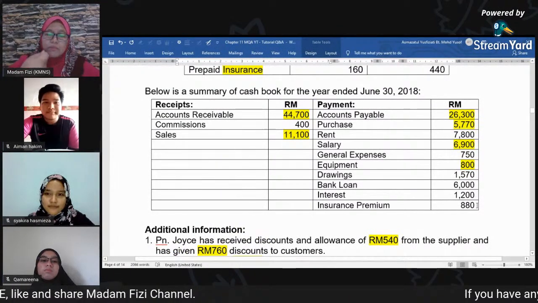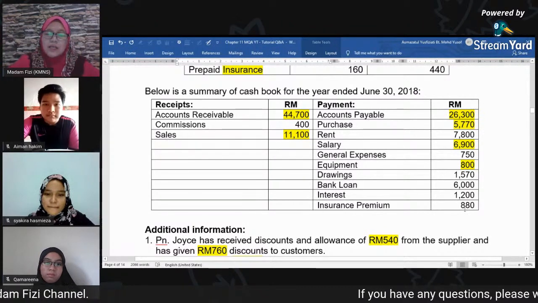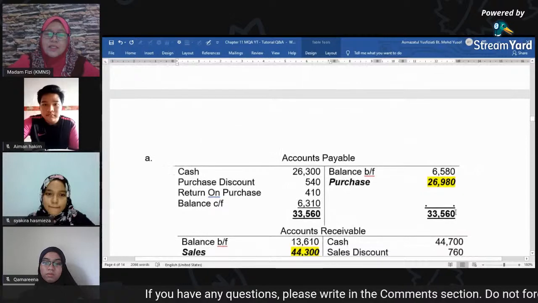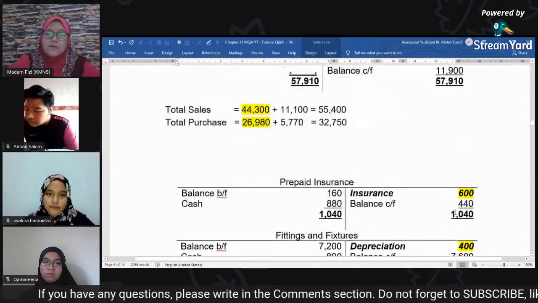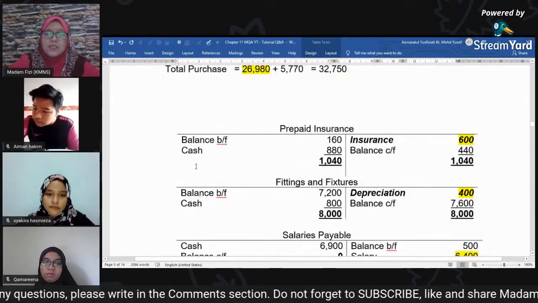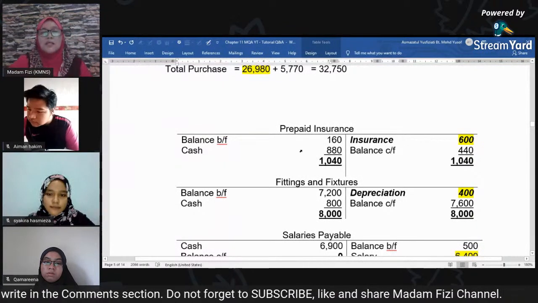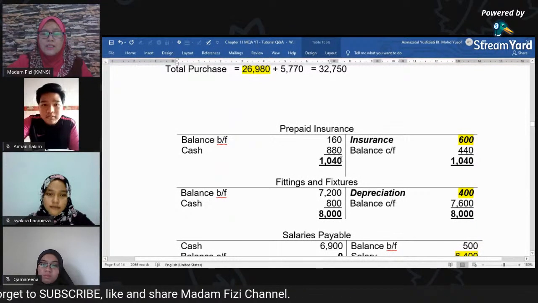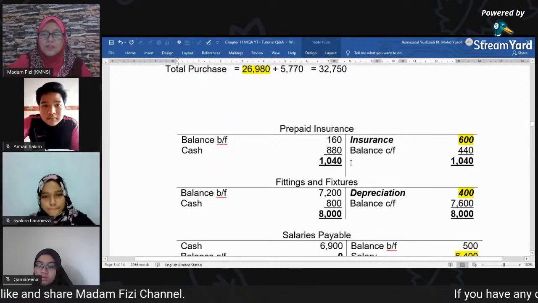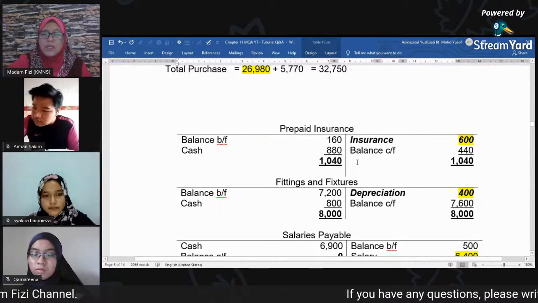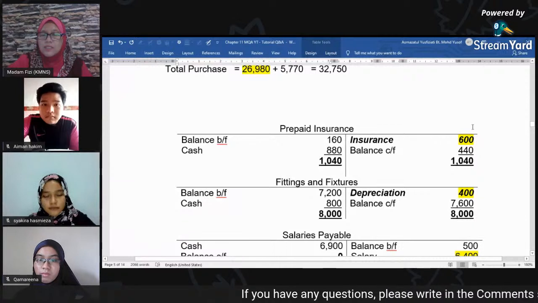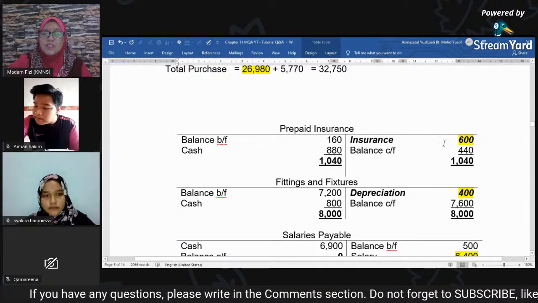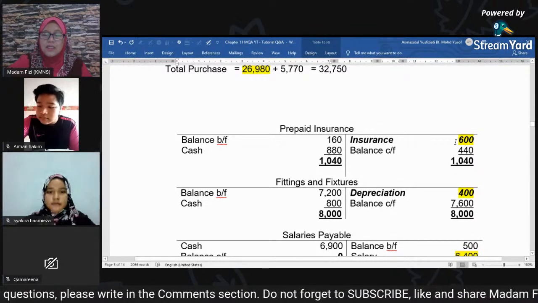So that means we have paid insurance 880. Okay. So at the T account, you have to include the cash payment 880. So you balance the T account left and right, you get 1,040. So the missing figure is 600. That is the insurance expenses.